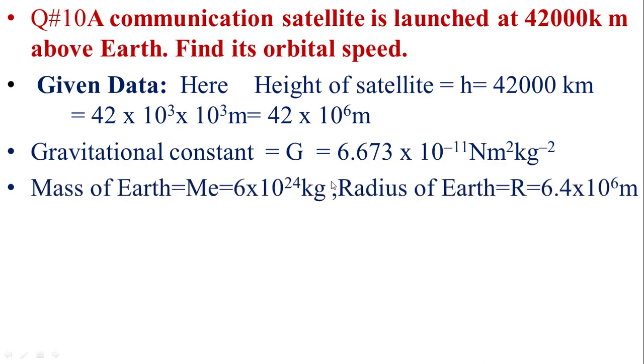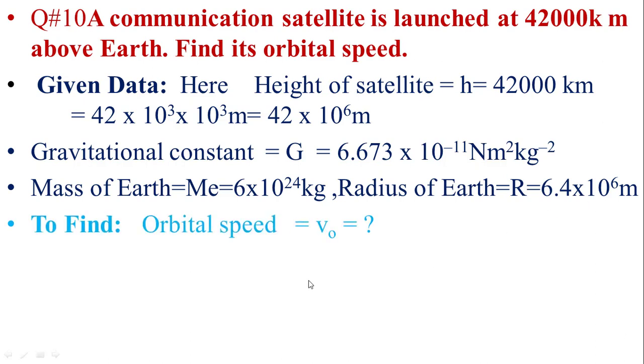The other two constants: mass of Earth is equal to 6 multiplied by 10 raised to power 24 kg, and radius of Earth is equal to 6.4 multiplied by 10 raised to power 6 meter.